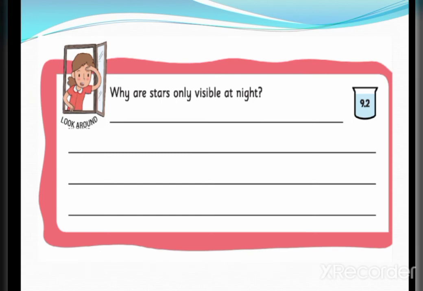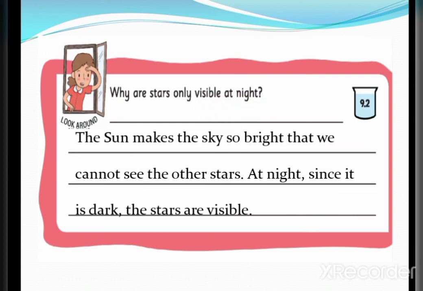Let's move on to activity 9.2. Why are stars only visible at night? Can you tell me why? The sun makes the sky so bright that we cannot see the other stars.